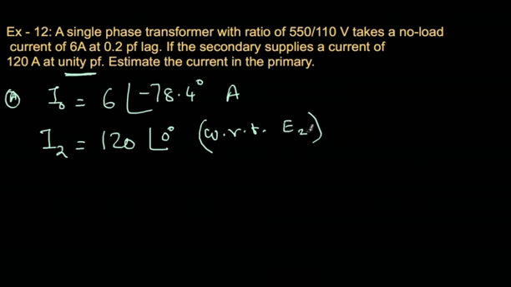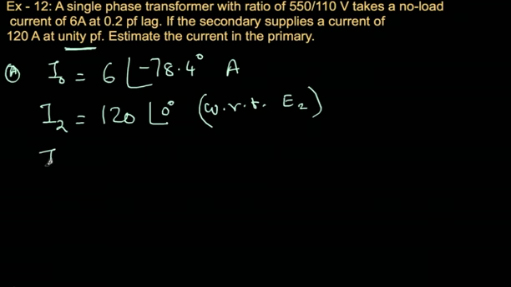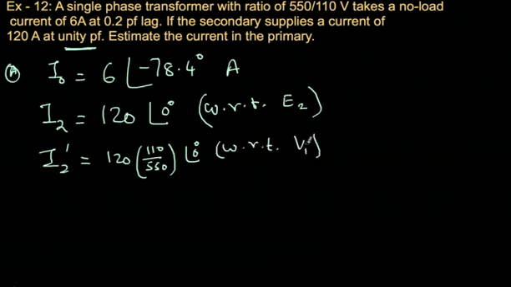This angle is with respect to E2. Now what will be I2 dash? I2 dash will just become 120 multiplied by 110 by 550. The angle will remain the same but then the angle will be with respect to V1. We are just transferring, it's basically adding the minus sign. So by multiplying with minus 1, you are actually changing the angle by 180 degrees for a vector. So this is 24 angle 0 degrees.